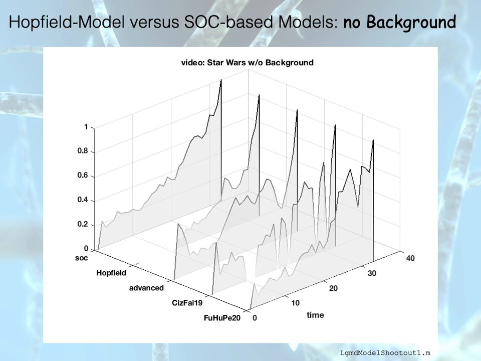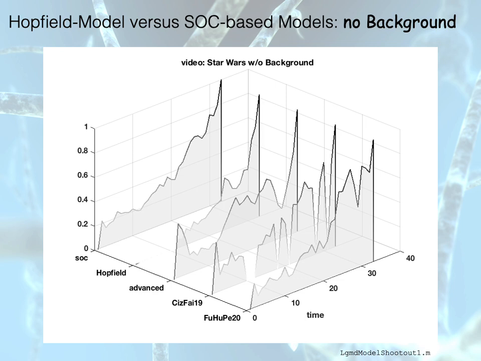Next curve is Advanced. Well, it has some roller coaster shape, going down, going up, going down, but towards the end of the approach, it shows a significant increase in activity. The curve for CIS-Phi-19 looks somewhat noisier and has some dropouts. Of course, we could smooth it more, which would make these dropouts disappear, but the general tendency of this curve is also increasing.